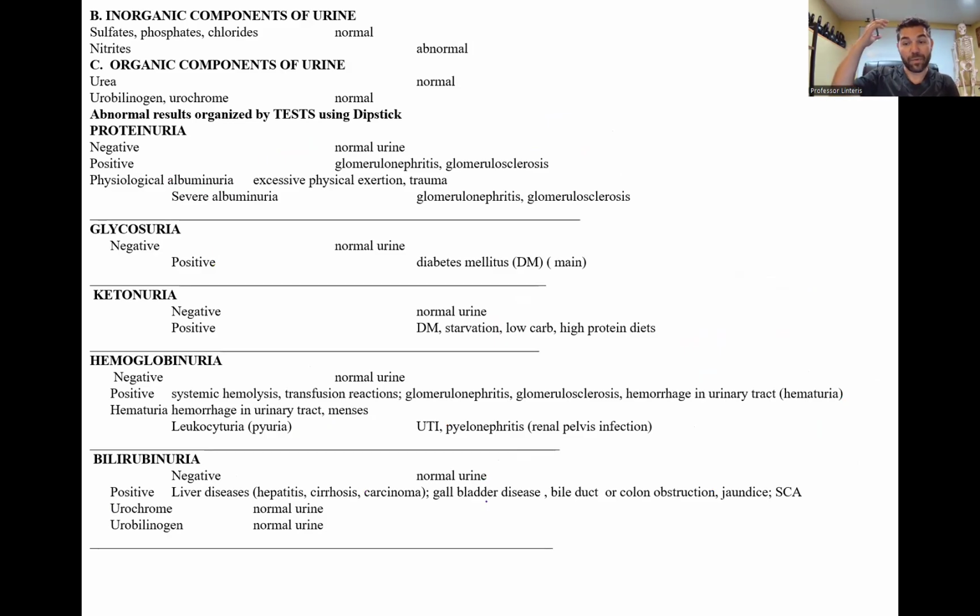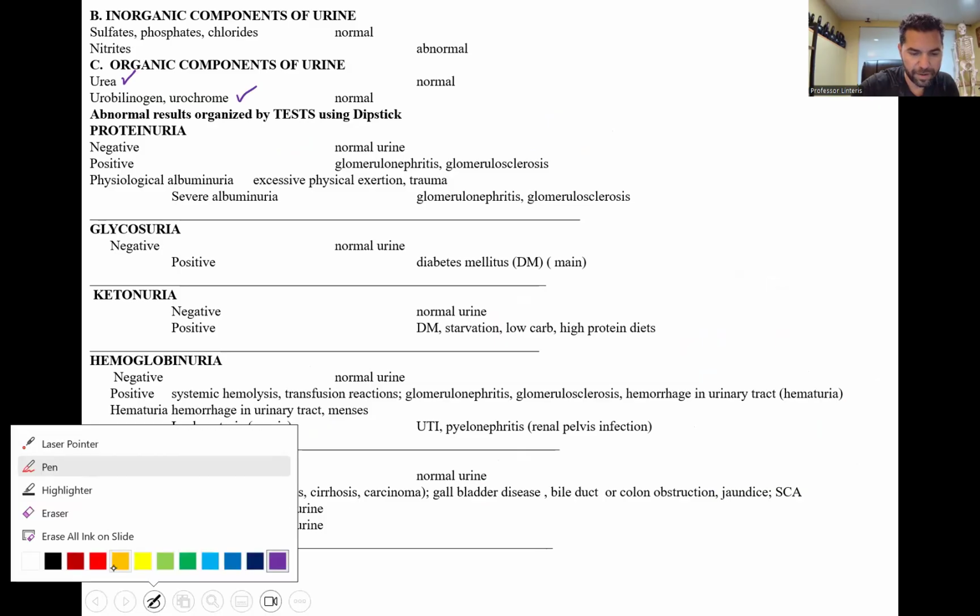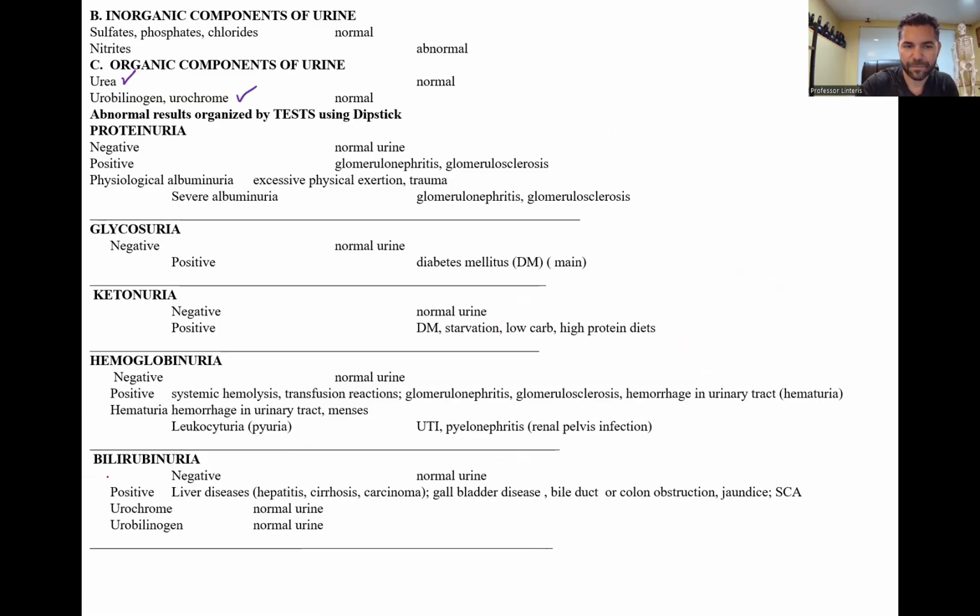There are some things that we want. We want urea, right? And urochrome, which we talked about before as far as the pigmentation. We do not want to see protein in the urine. Protein in the urine could be an indicator of glomerulonephritis or some other conditions that we will discuss. It's not good.